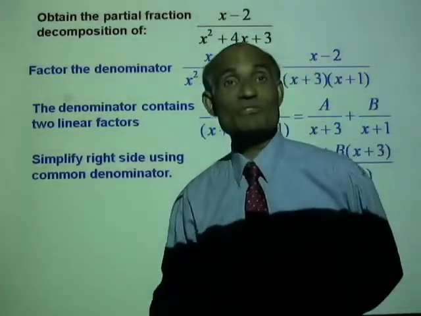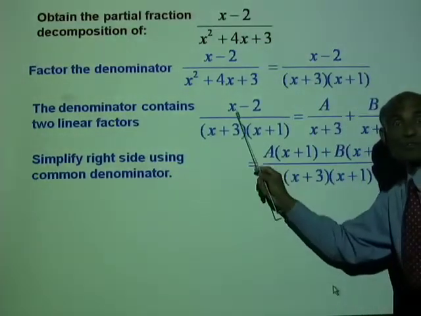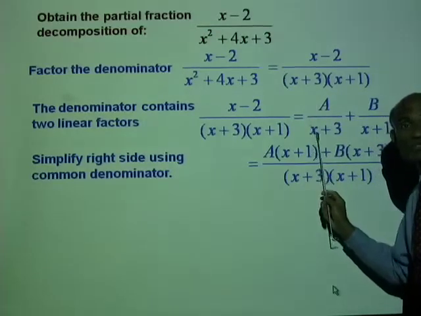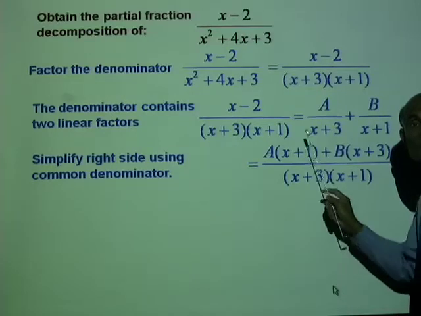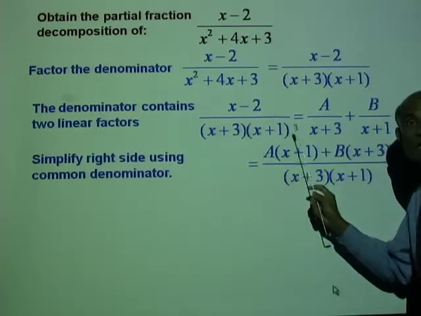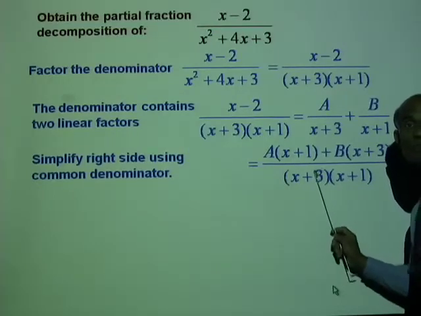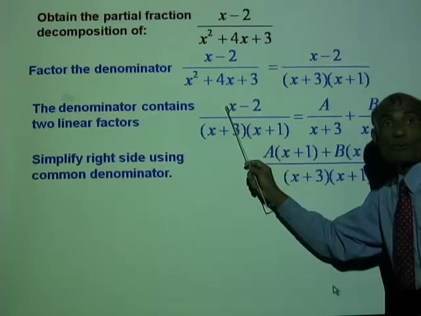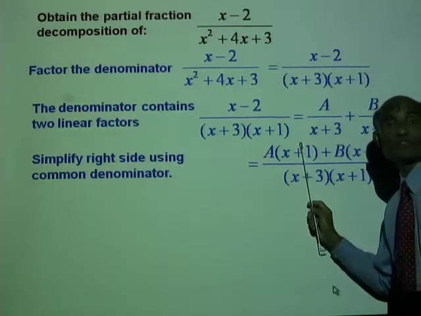Now, you have an interesting phenomenon here. This is the left-hand side we are trying to simplify. And by using the constants, this is our right-hand side, which simplified to this. If you look at the left-hand side and the right-hand side, the denominators are exactly the same. What that means is the numerator of the left-hand side must be equal to the numerator of the right-hand side.